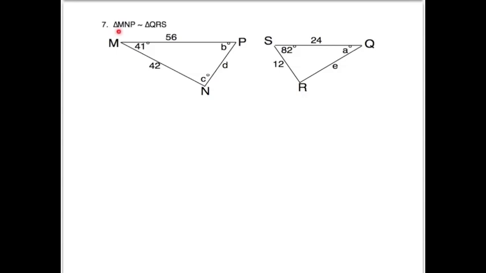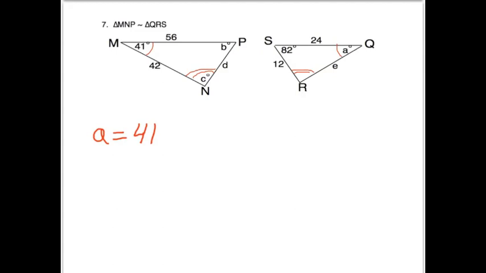I see M is the first angle in MNP, Q is the first angle in QRS. And so that means that angle M is congruent to angle Q. So therefore, right off the bat, we know angle A is equal to 41. Continuing on with the angles, angle N must be congruent to angle R. And the reason that N and R must be congruent is N is the second letter of the triangle, and likewise R is the second letter of the triangle.